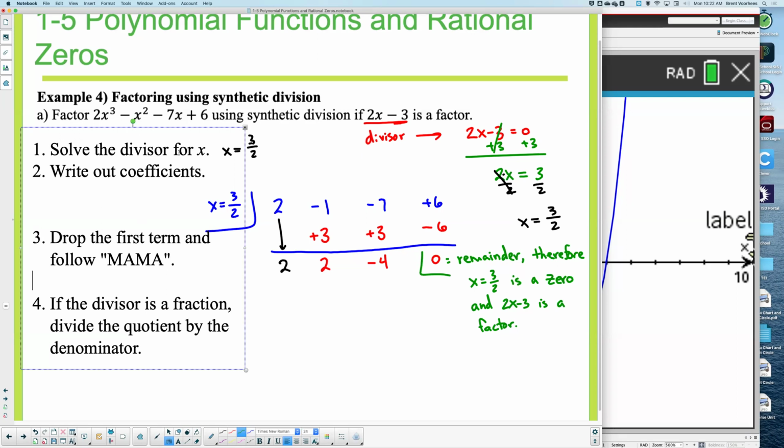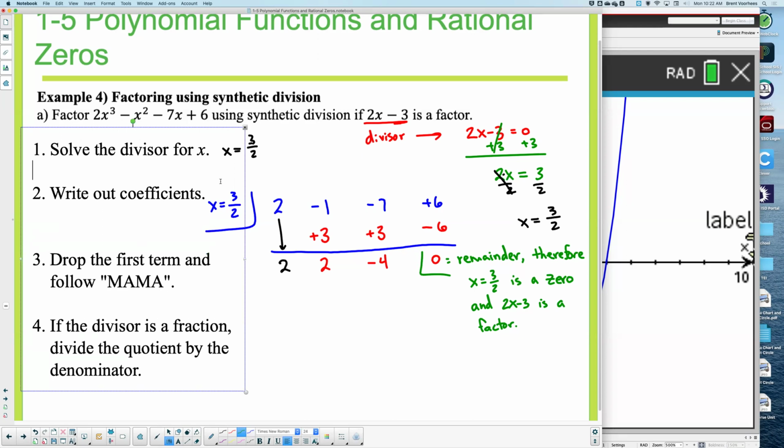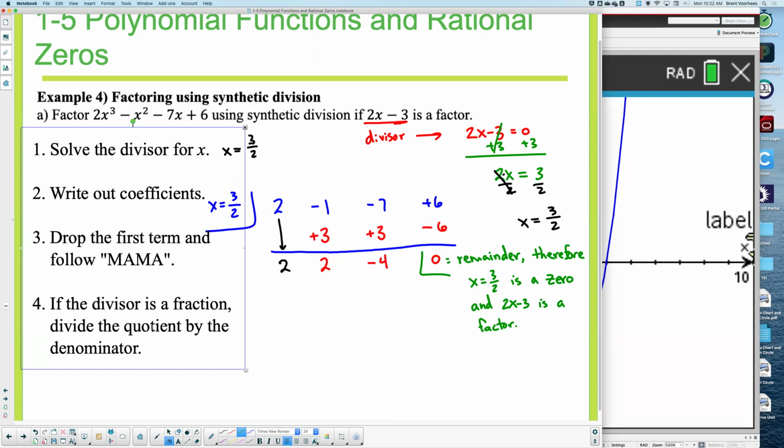There we go. Now, so what do I mean? Look at your divisor. Was my divisor 2x? Was my divisor a fraction? Yes, my divisor was a fraction. I'm putting this in so you can look back later and figure out what steps are what.